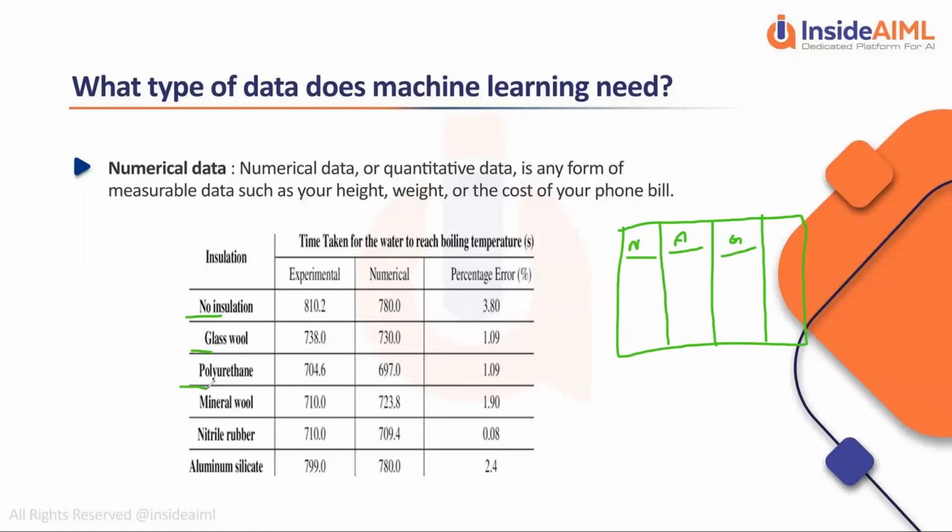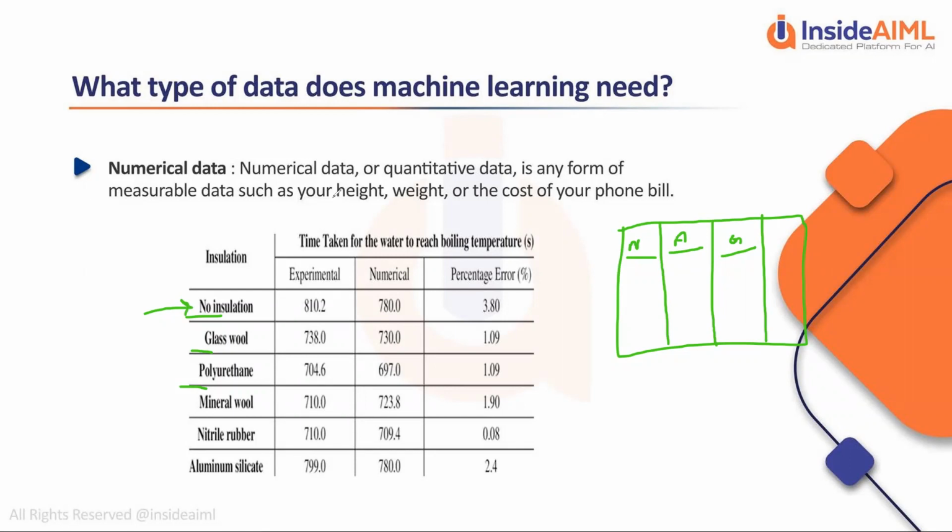I cannot say "insulation into glass wool," but I can say 810 into 738, or 810 plus 738, right? So when you are applying the cleaning and transformation process, you need to convert this data into the form of numbers, and then you can supply it to your machine learning models.